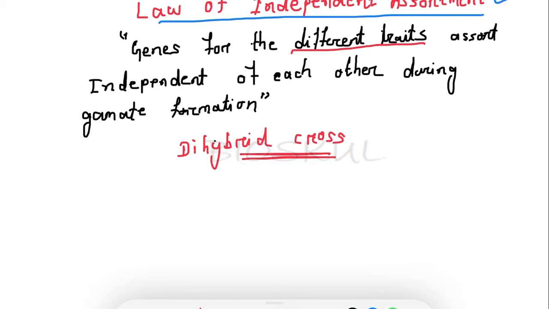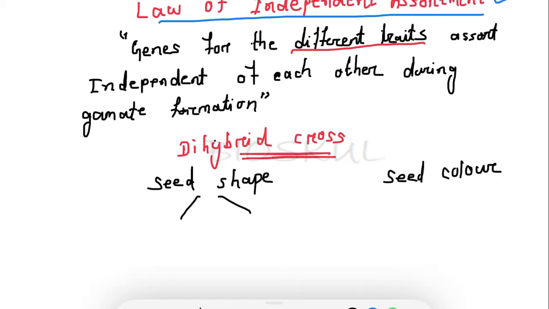So let's take two different traits. One trait is seed shape and the other trait is seed color. The seed shape may be round or wrinkled.